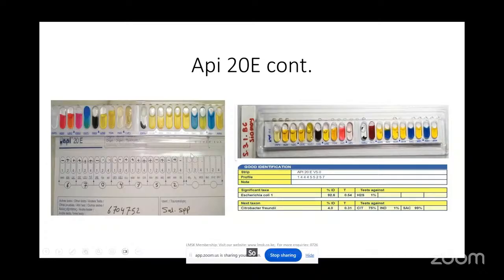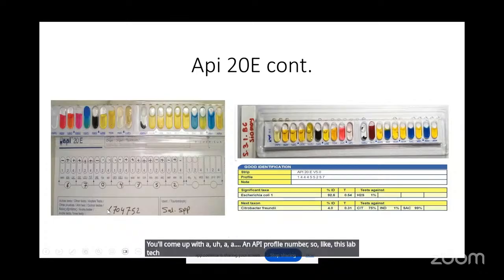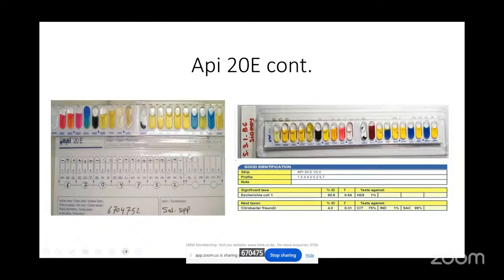That is what you'll denote here. So you'll come up with an API profile number. Like this lab tech has come up with the profile number 670 or 4752, from the addition of the outcome of these cupels.